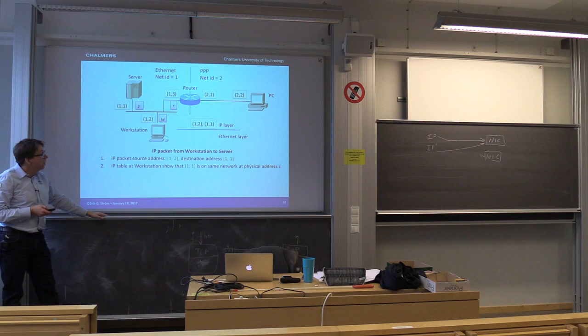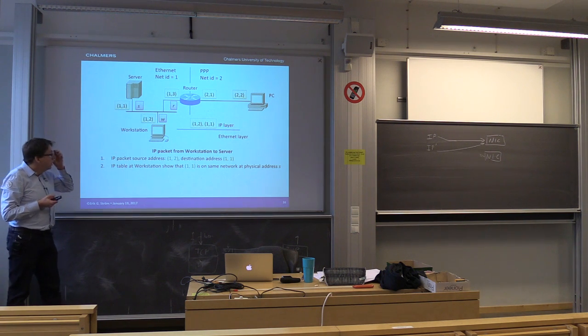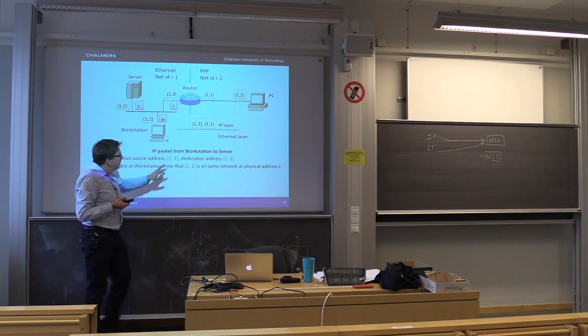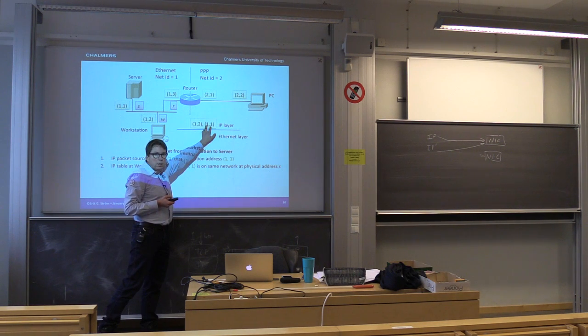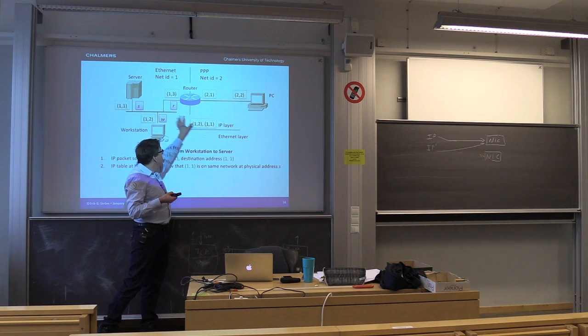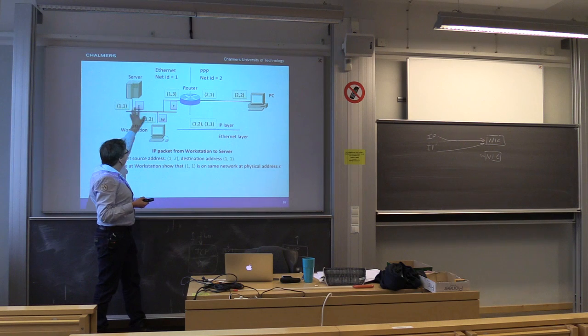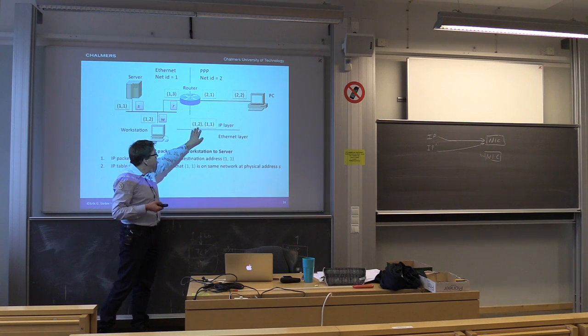And then what the IP layer does is that it inspects the destination address and figures out, okay, it's on network 1, so it's on my own network. So I can send it directly. I can send it to wherever it needs to go over the Ethernet, because the server is connected to the Ethernet.